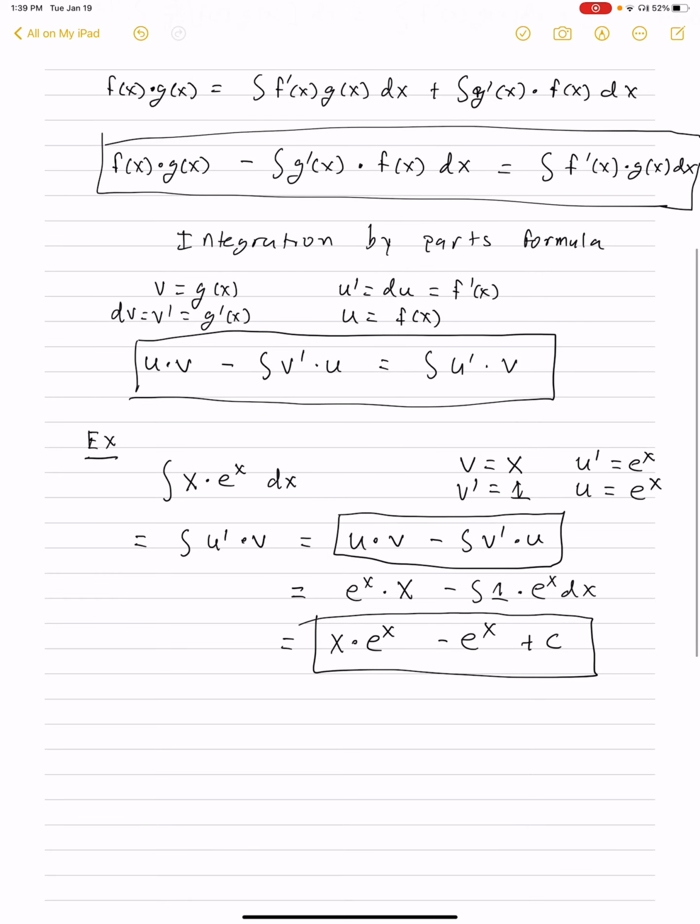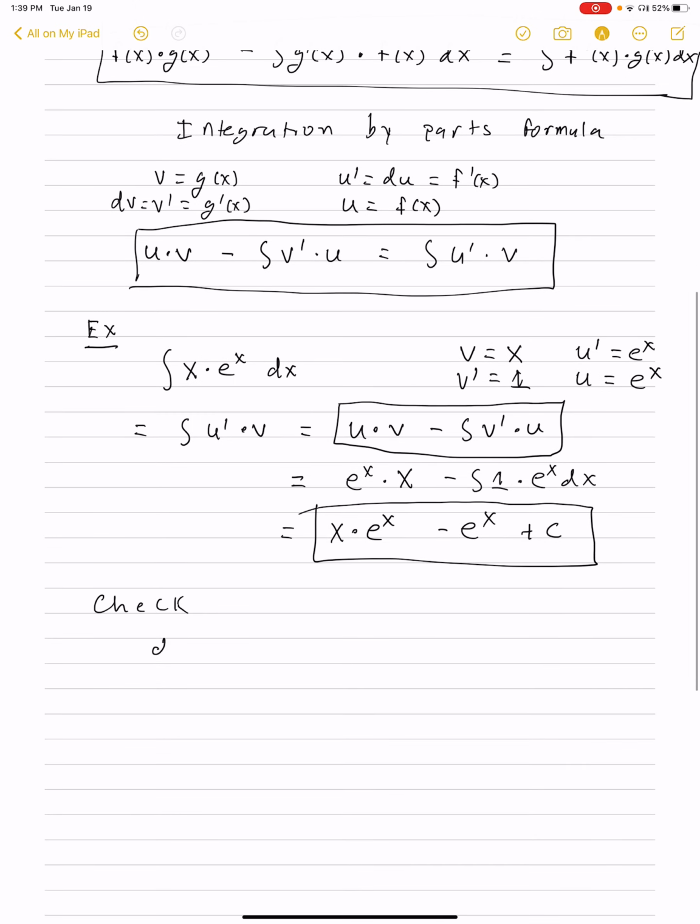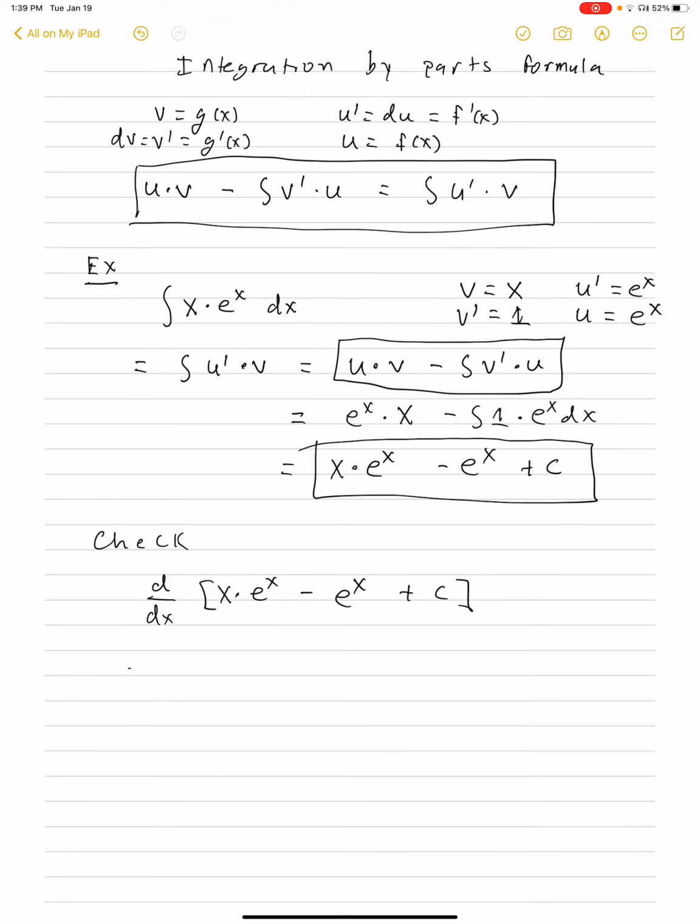Okay, let's check that this is the antiderivative. If I were to differentiate x times e to the x, I'll use the product rule there, minus the derivative of e to the x, and add a constant. So x times e to the x, that's the product rule: differentiate the x, leave e to the x alone, then leave x alone, differentiate e to the x.